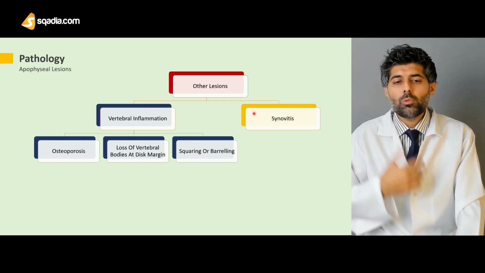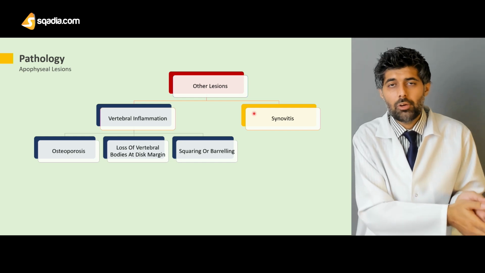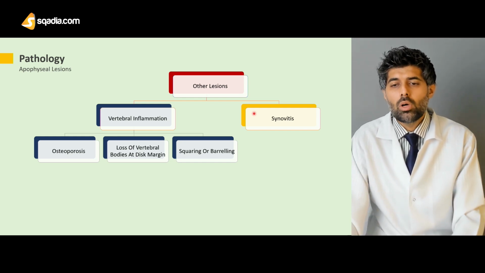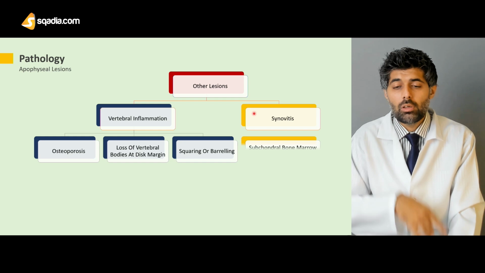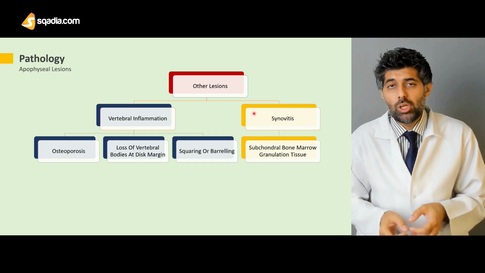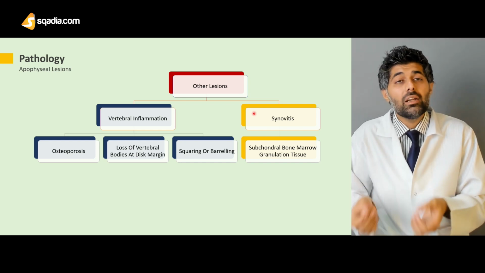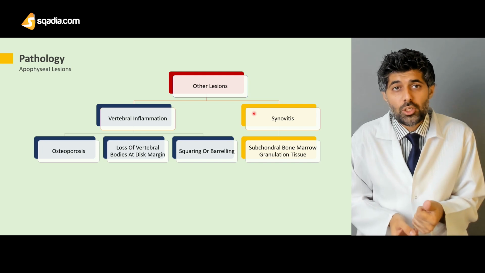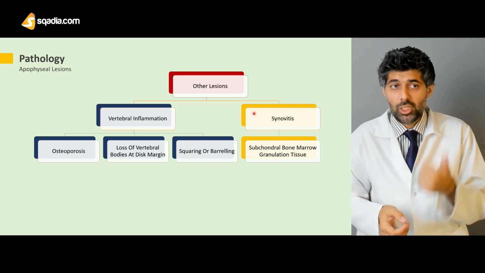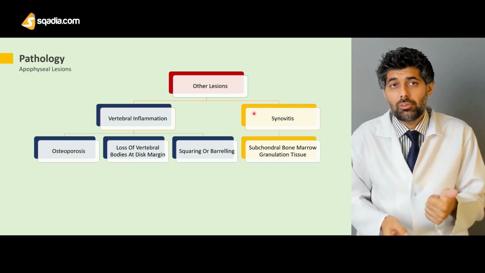Now, if we have the synovitis along with this squaring and the barreling at the apophyseal lesion, what we get is a subchondral bone marrow granulation tissue. Now, bone marrow granulation tissue indicates that the inflammation is increased or increasing at an accelerated rate.